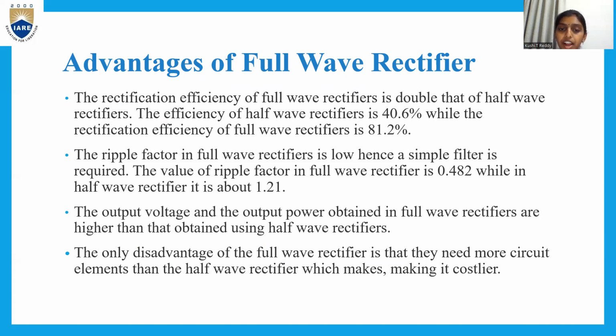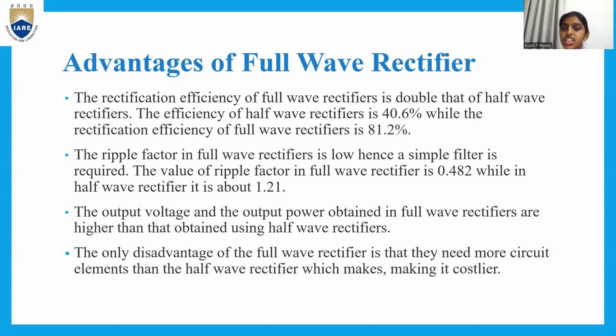The value of a ripple factor in full wave rectifier is 0.48, while in a half wave rectifier it is about 1.21. And the output voltage and the output power obtained in a full wave rectifier are higher than that obtained using half wave rectifiers. And the only disadvantage of the full wave rectifier is that they need more circuit elements than the half wave rectifiers, which makes it costlier.